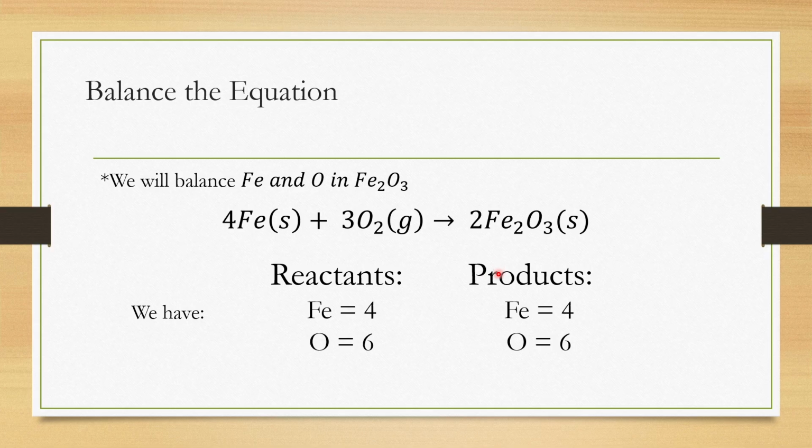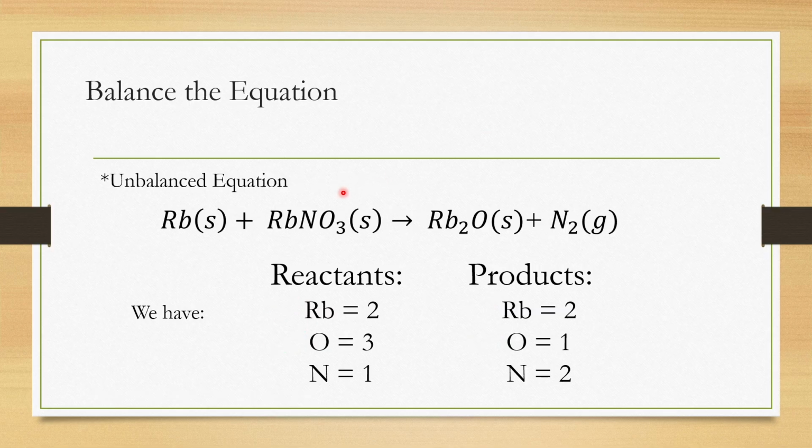And then for the product side, we have 2 molecules of iron oxide, which means we have 4 iron since there's 2 multiplied by 2. And then for oxygen, we have 3 multiplied by 2, which gives us 6. And so the reactants equal the products, and thus we have a balanced chemical equation.